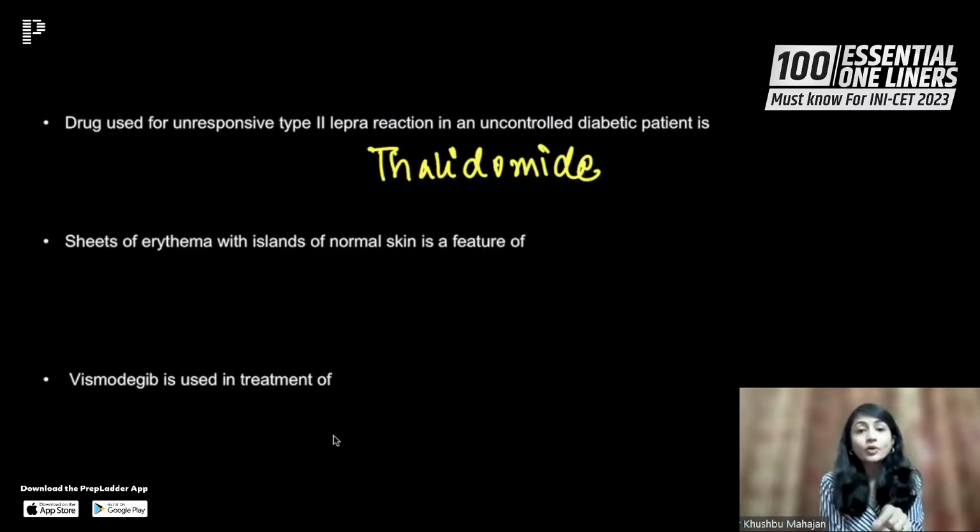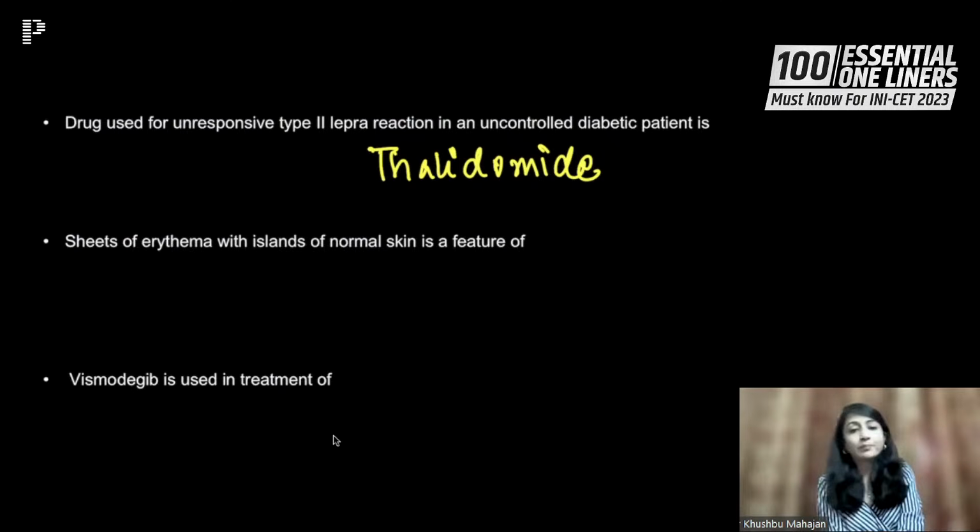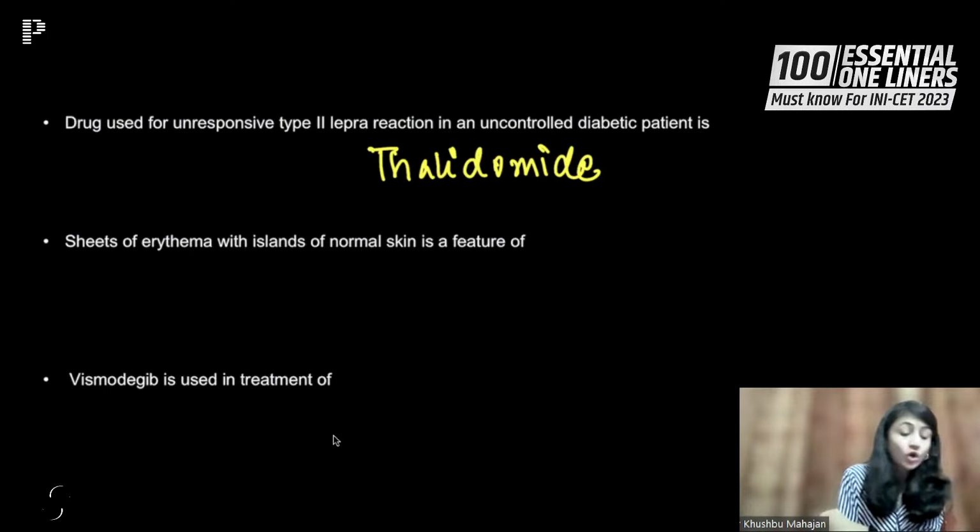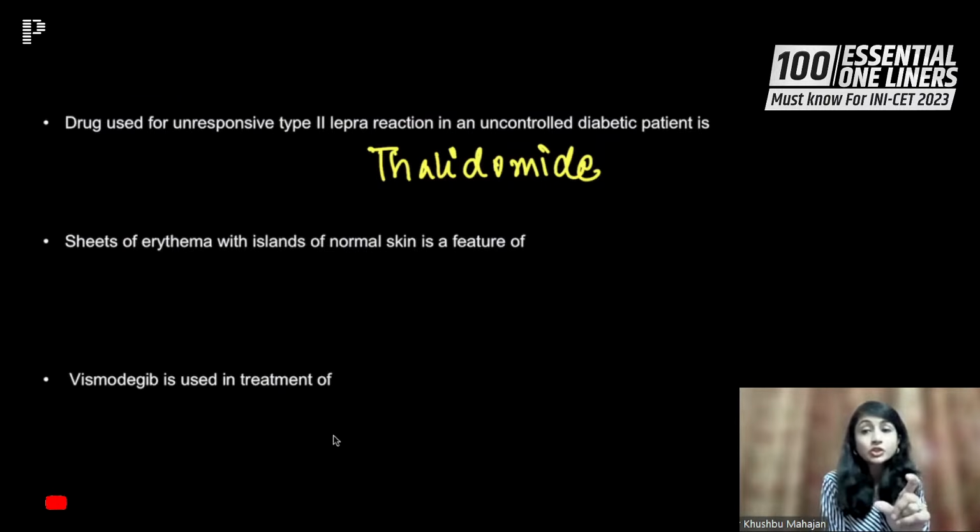But here, look at the question. I'm saying it is unresponsive and the patient is uncontrolled diabetic. In this situation, you will use thalidomide, which is my second line of treatment for type 2 lepra reaction. No, it would not be steroid here because I've mentioned unresponsive and I've mentioned uncontrolled diabetic. So please look at the question carefully and then answer. That was the purpose of giving you this.